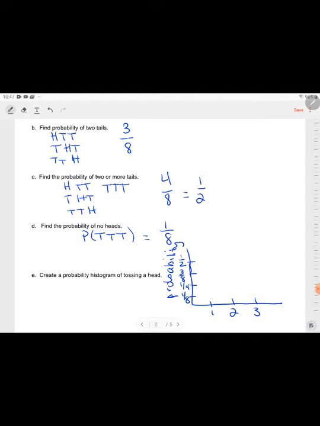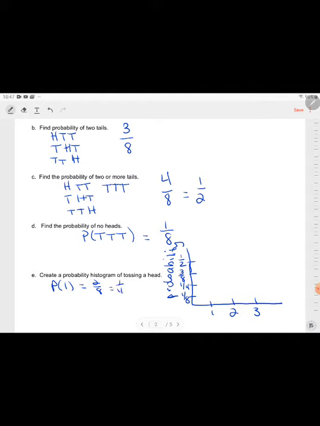Okay, so the probability of tossing exactly 1 head is 2 out of 8. Okay, so the probability of getting 1 head is 2 out of 8 if we look. And that is 1/4.